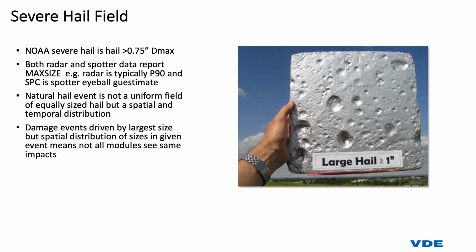Radar, as we understand, needs calibration of the reported size, especially above 2 inches or so. And this calibration between the radar data and the spotter data can depend upon the particular radar station reporting and the range from that station, etc.